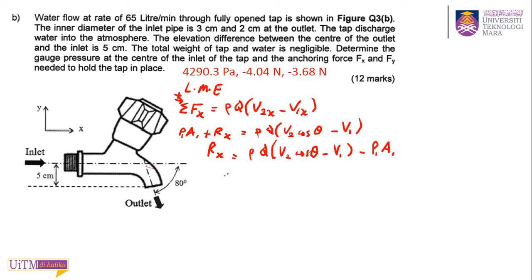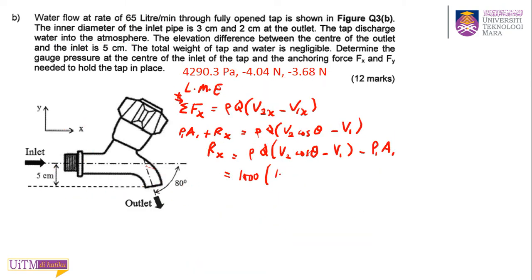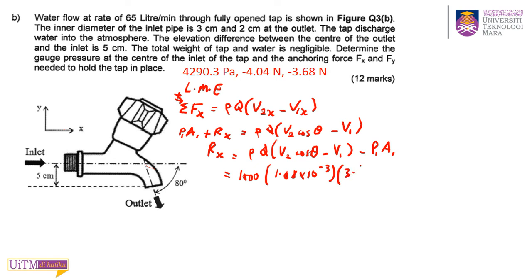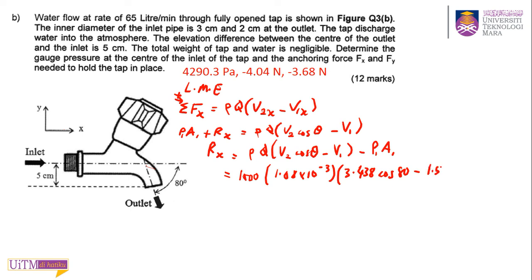What is the value of Rx? The rho of water is 1000 times Q, Q is 1.08 times 10 to the power minus 3. V2 is 3.438 cos 80 minus V1, 1.528, minus P1.